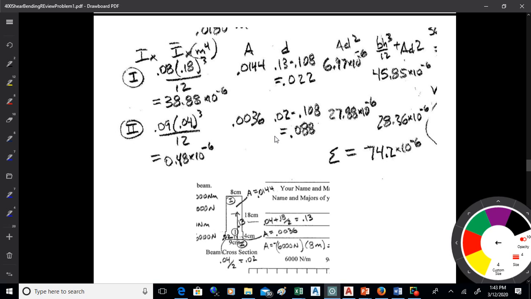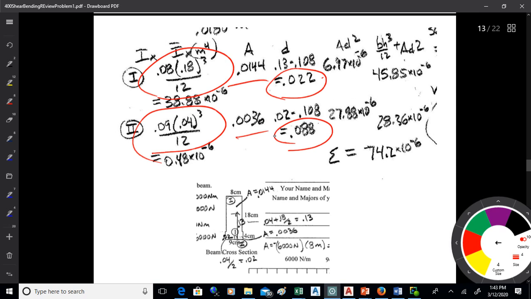So what I'm doing there, I've got BH cubed over 12 for each of the pieces, the top one and the bottom one. Then I've got the area, the offset distance, and the area times the offset distance squared. And I just add the two together. So you take AD squared right here and add it to BH cubed over 12 right there.